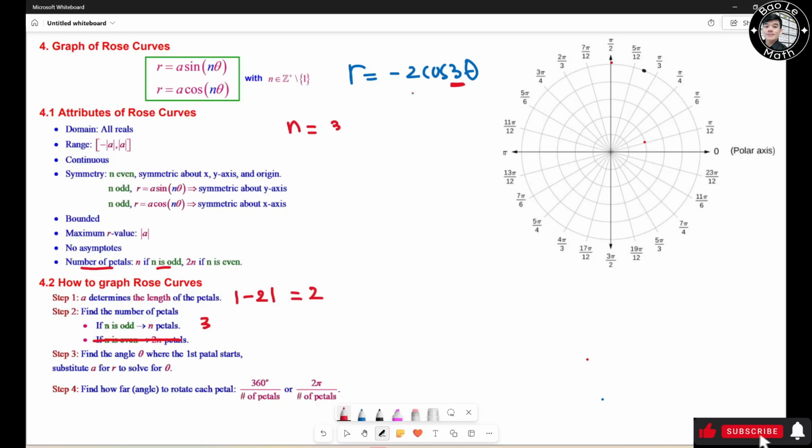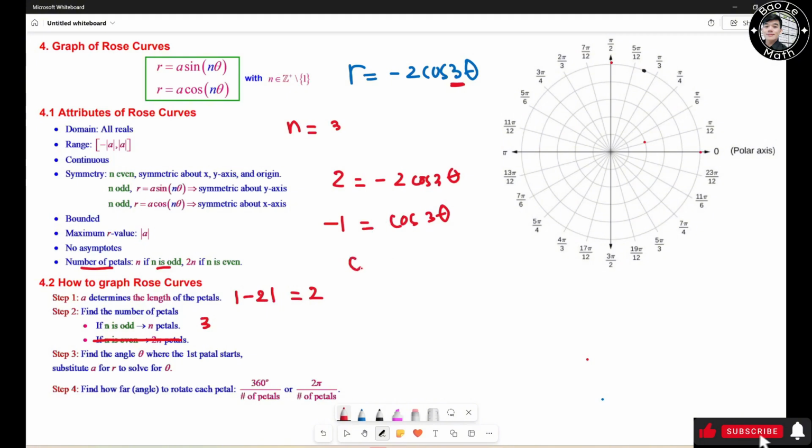Now next one, we need to find the angle theta where the first petal starts. So we're going to substitute a for r. So a in this situation is 2. Keep that in mind, we take the absolute value of a. So we have 2 equals -2 cosine 3 theta. So divide both sides by -2. So you have -1 equals cosine 3 theta. Now we just switch this one all the way around.